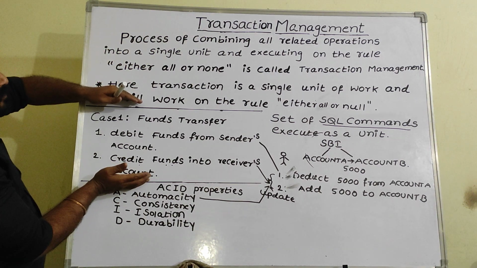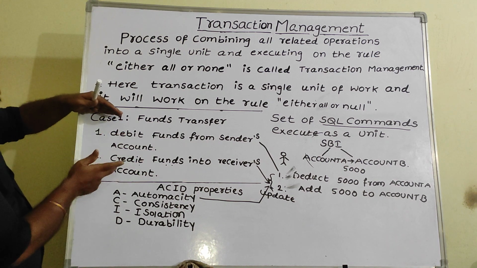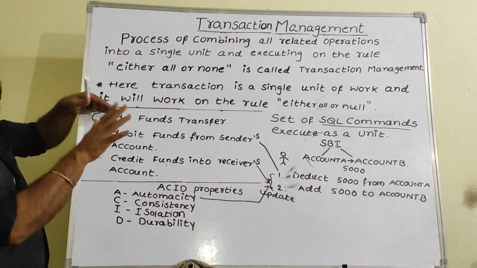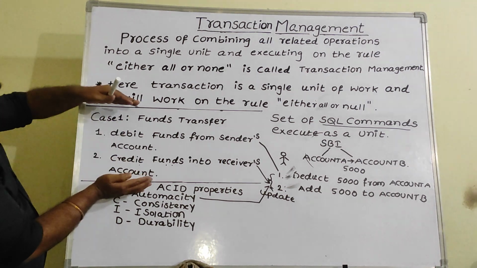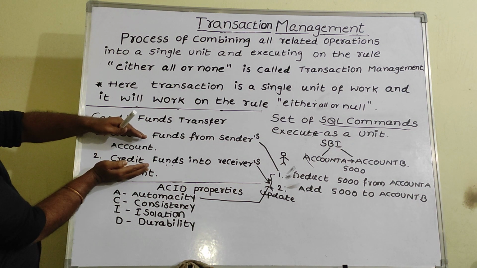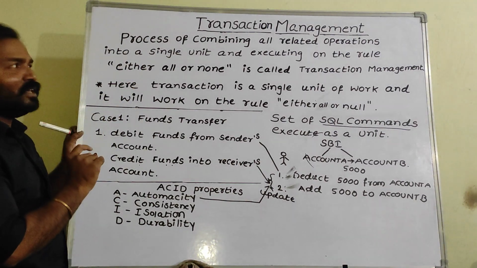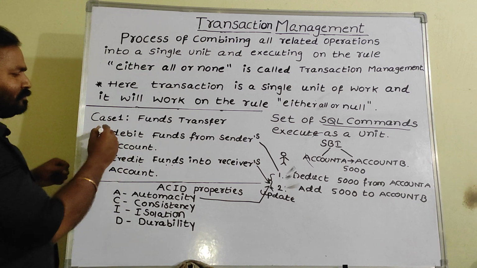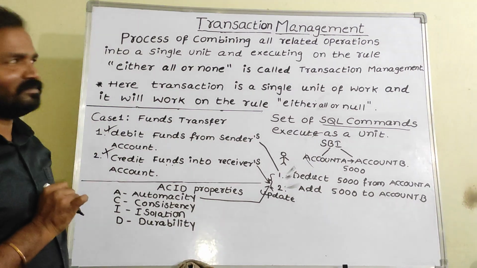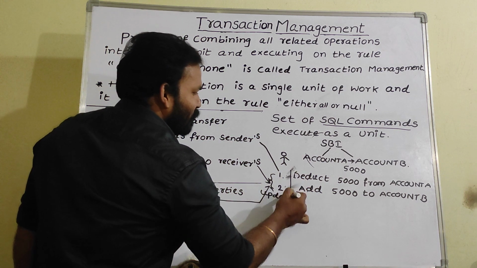all related operations. How many operations are there here? Two operations, and these two operations are related operations. Transaction management is the process of combining all related operations into a single unit and executing on the rule either all or none.